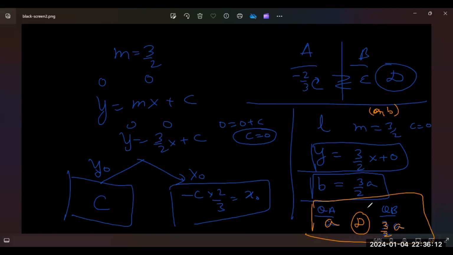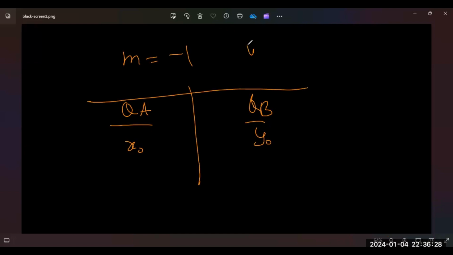Got it? Now, question number 6. The slope of a line is given as minus 1. Quantity A is the x-intercept and quantity B is the y-intercept. If the slope is given, we can again start with the slope-intercept form, y equals minus 1 x plus c. How do you find the x-intercept? Put y as 0.